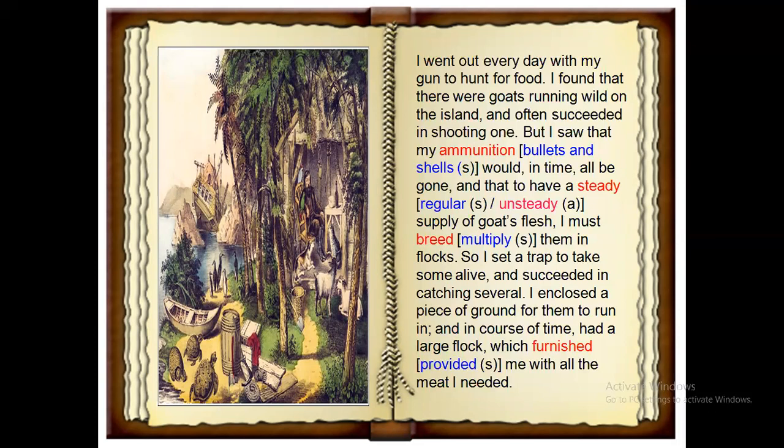That means bullets or shells which helped him in hunting would come to an end. So, in order to have a steady supply, that means a regular, unending supply of goat's flesh, Robinson Crusoe started breeding them in flocks.